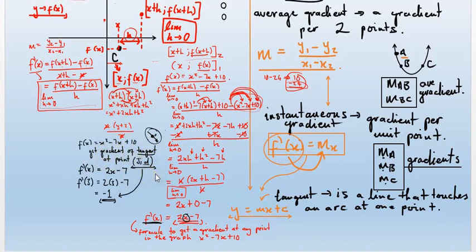Do we care about the y? No. But we care about the x, which is 3, because our formula depends on the x of the point. And we did solve for the gradient, and we got -1. That's the gradient for the point, and that's also the gradient for the tangent passing through the point. And that's it.